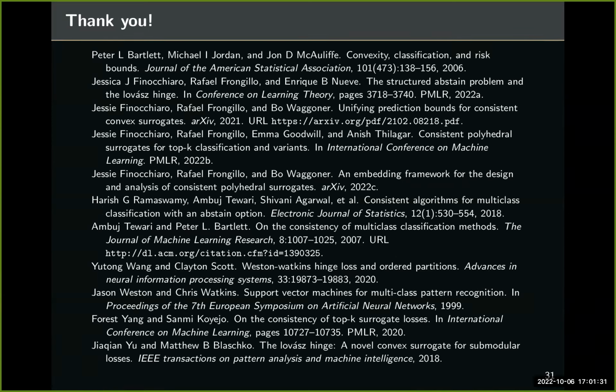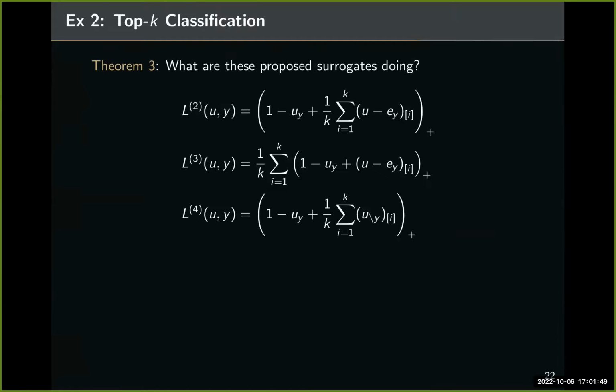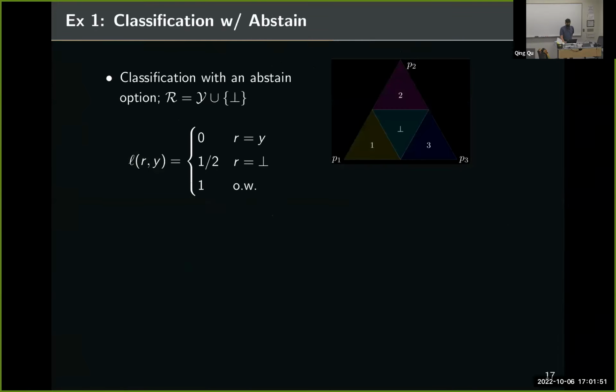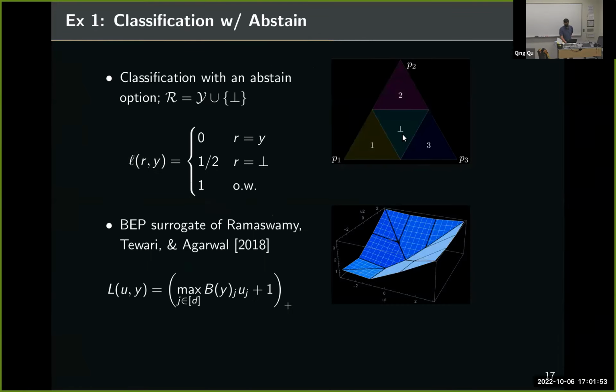Question, I'm curious, especially since Ambuj is here, about the abstention example. If the loss for abstaining is not 1/2, but some other value, does it drastically change the embedding dimension? Yeah, right. So I always get this backwards.